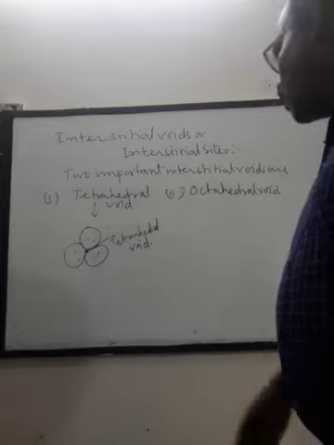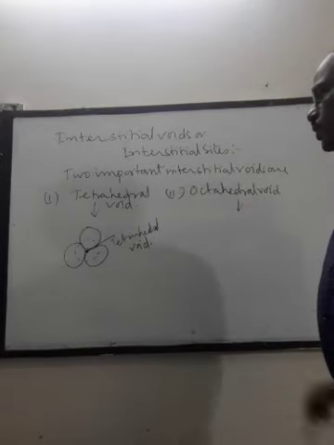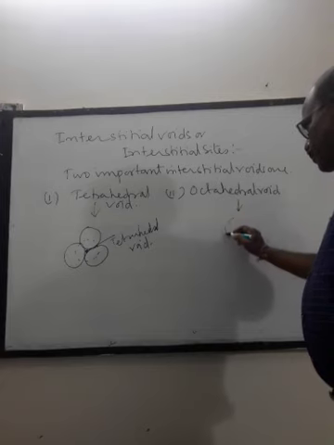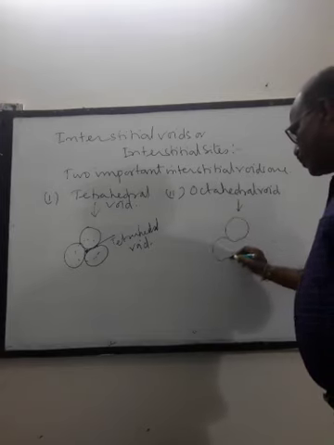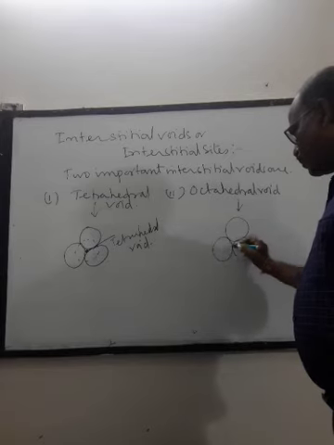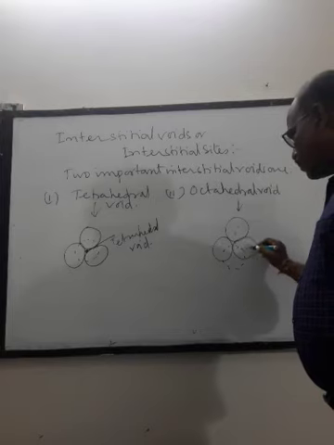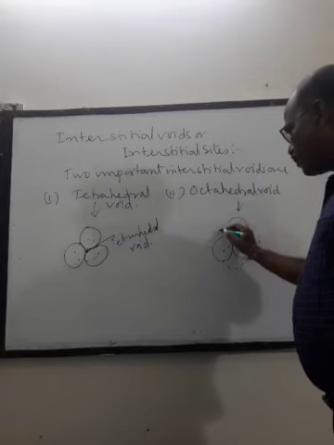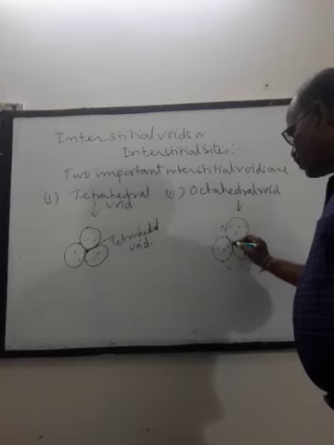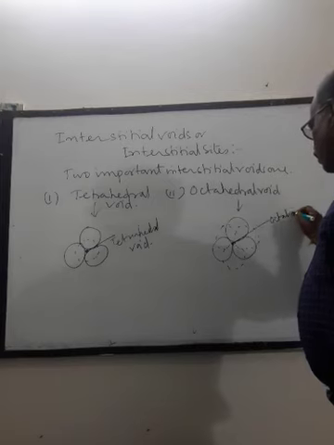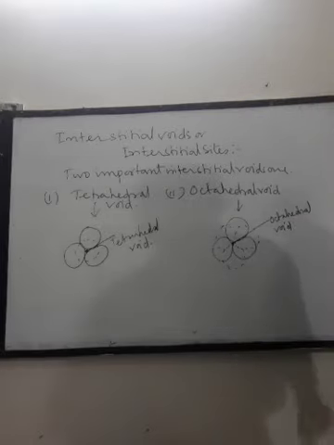And next we consider octahedral voids. Voids or sites or holes around 6 spheres are called octahedral voids. So this void is called an octahedral void.